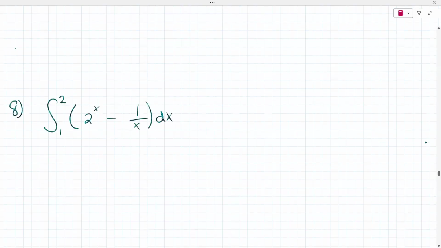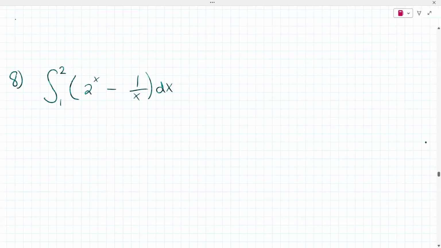Okay, let's do example 8. What's the integration from 1 to 2 of 2 raised to the x minus 1 over x d x? Well, we could break it down into 2 separate integrals, or you could just do it one at a time. So what's the integration of 2 raised to the x?